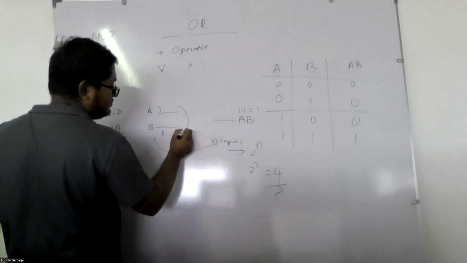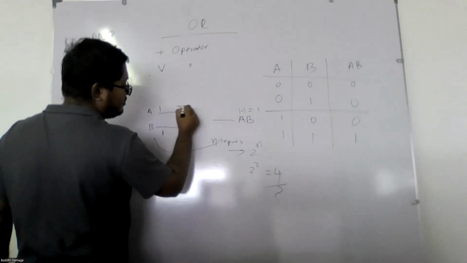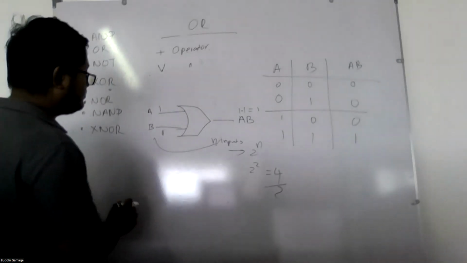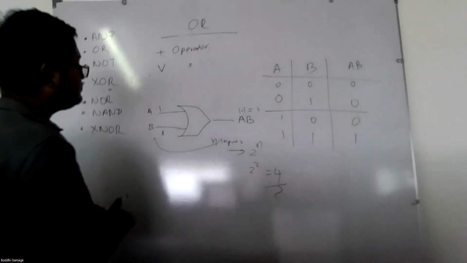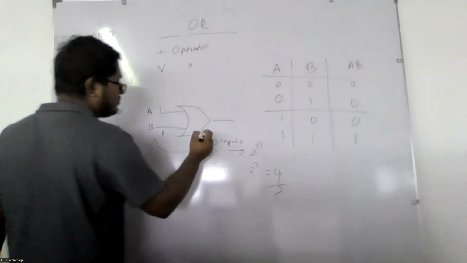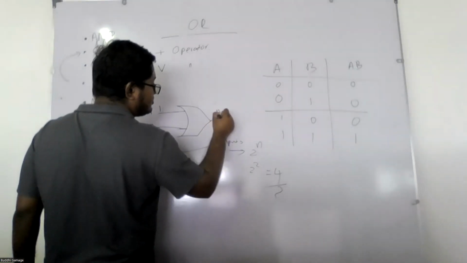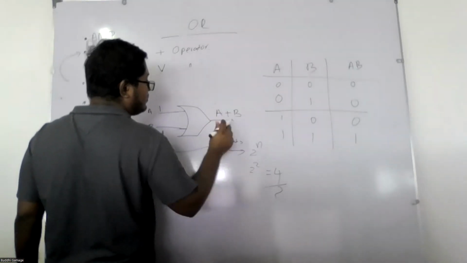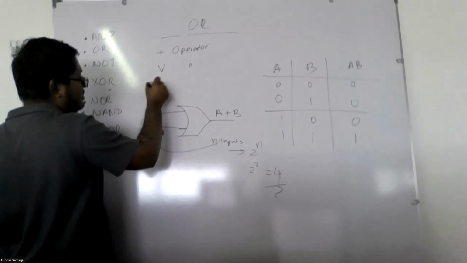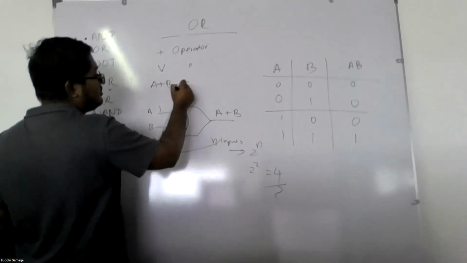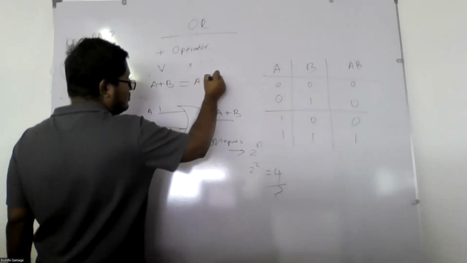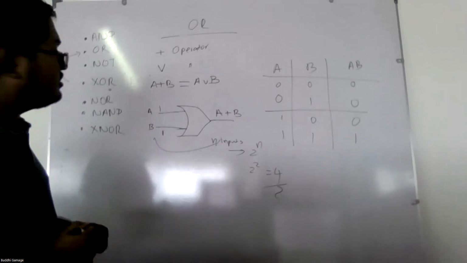There should be a curve in the beginning. A plus B, A OR B. You can say that A plus B is also equivalent to A OR B.